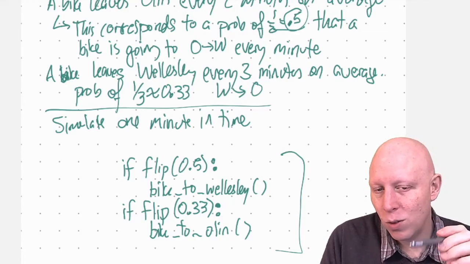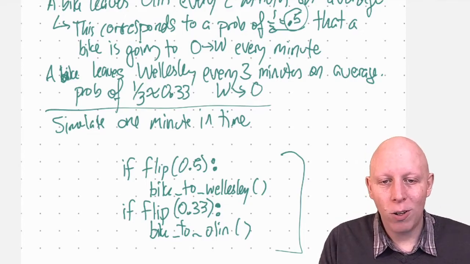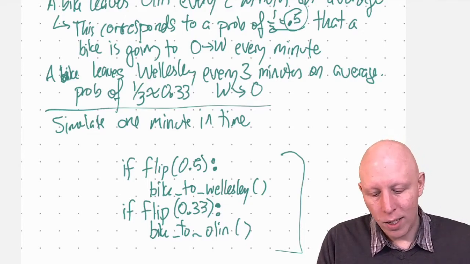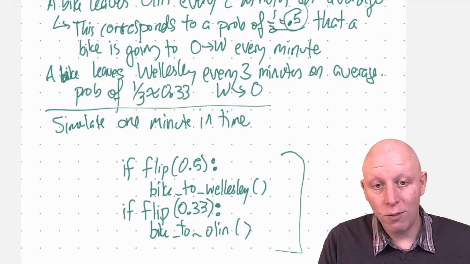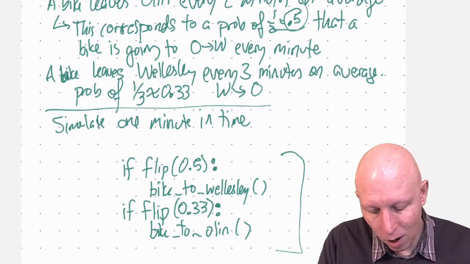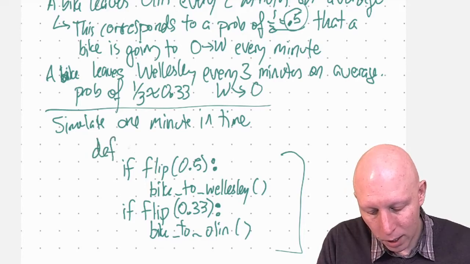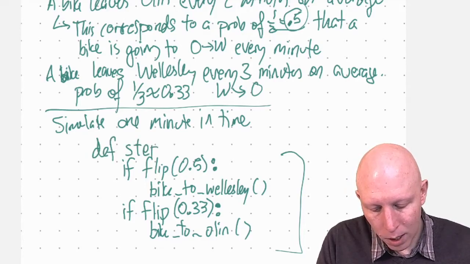Since this is 1 minute in time, and maybe we'd like to simulate a whole hour, it's probably best if we define a function that does this. So let's take all of this and put it into another definition. We're going to define step.